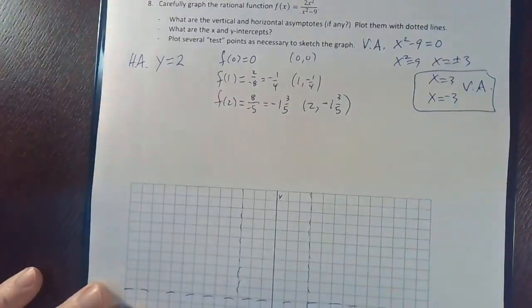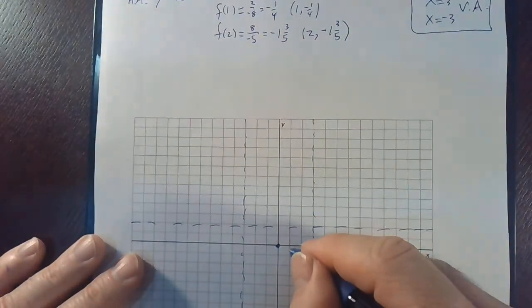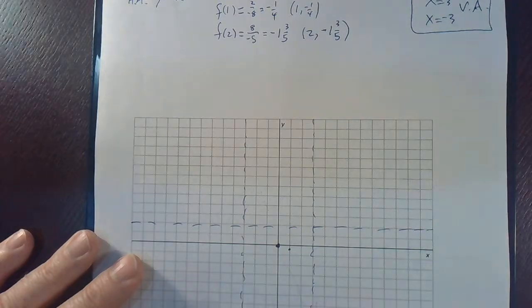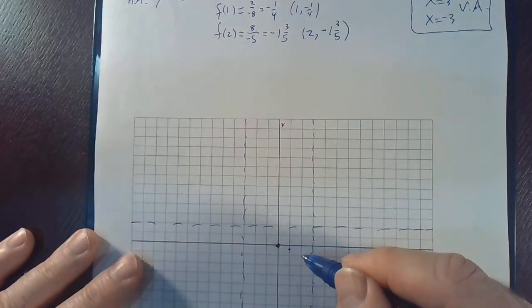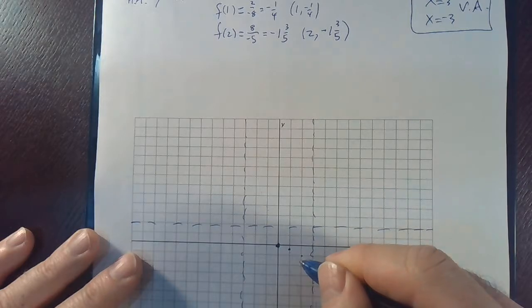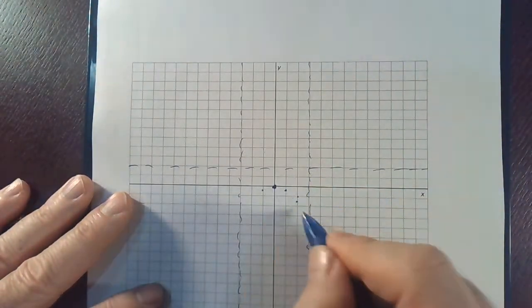So 2 gives us negative 1 3/5. Let's plot those. We got 0, 0. 1 gives us negative 1/4. 2 gives us negative 1 3/5, so a little more than negative 1 1/2, a little farther down. Now let's use the mirror images of those 2 points.